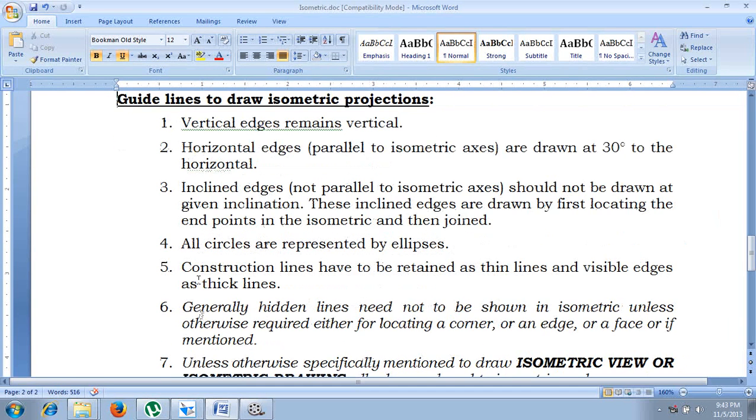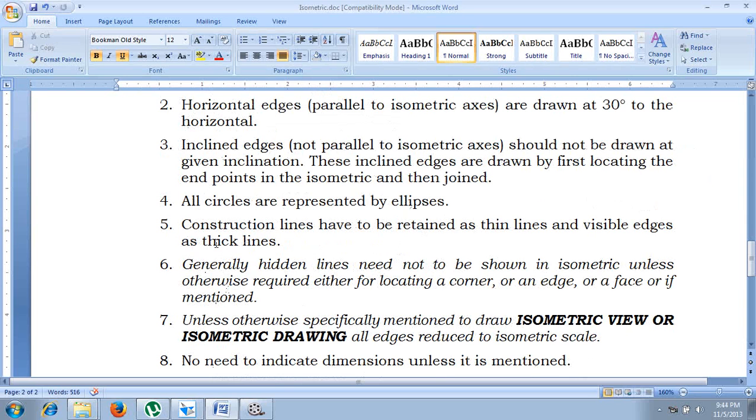Then the fifth point is that the construction lines have to be retained as thin lines and the visible edges as thick lines in case of isometric. The sixth point is that generally hidden lines need not be shown in isometric unless required, either for locating a corner, an edge or a face, or if mentioned.